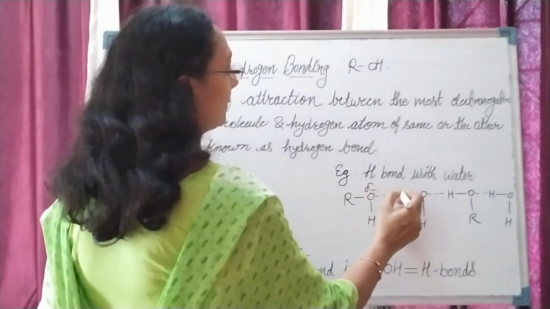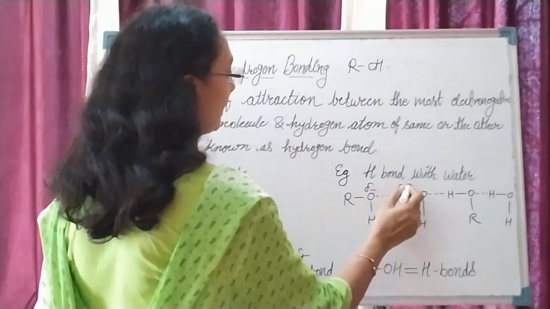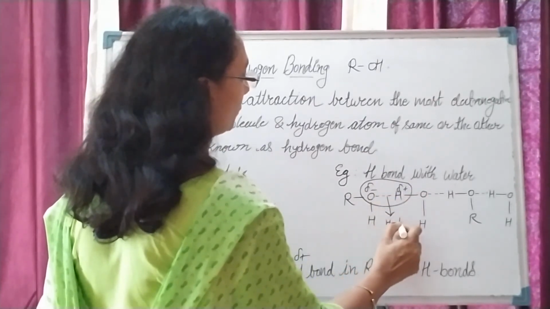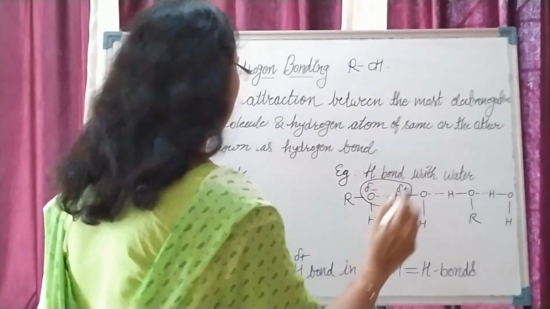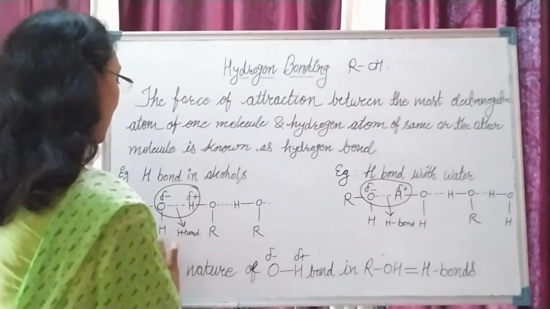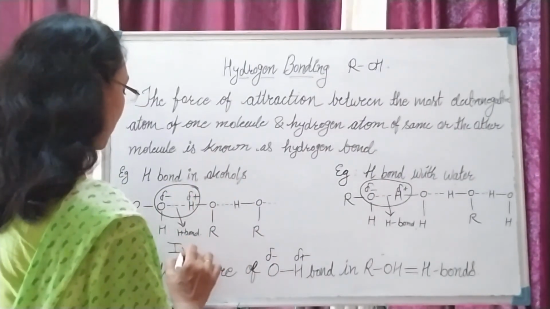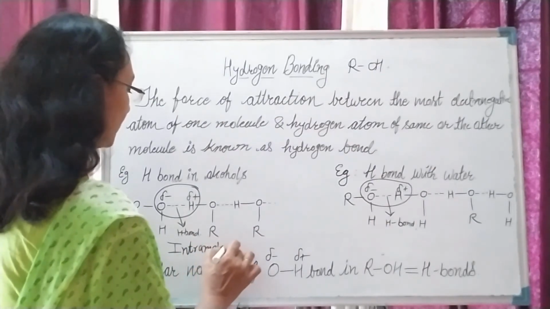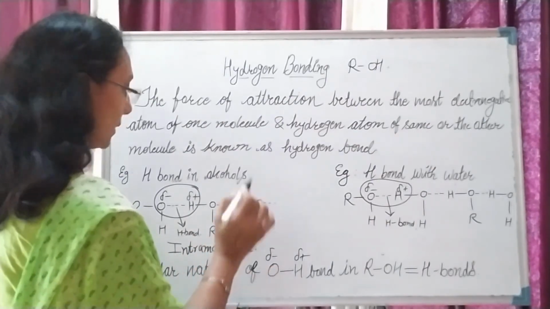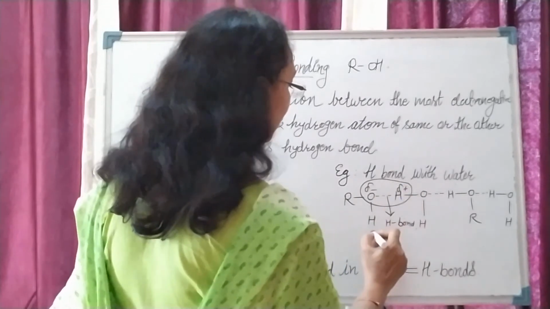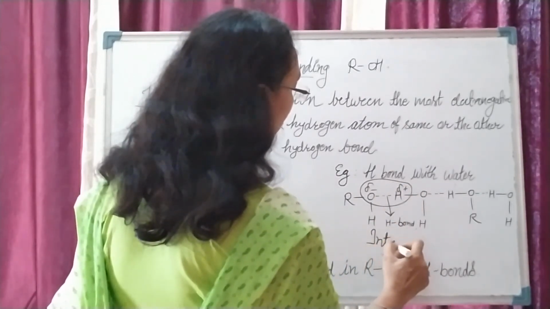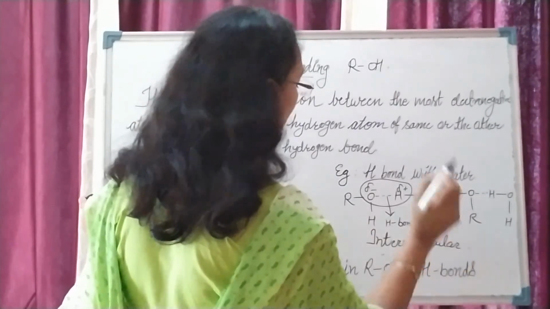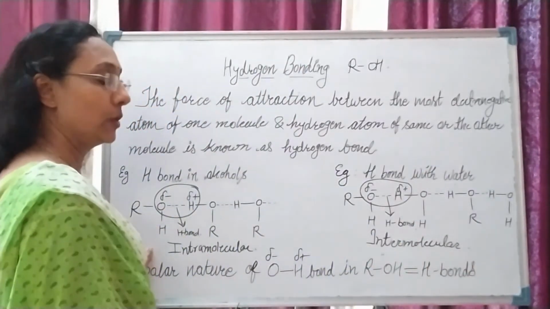That oxygen carrying partial negative charge, hydrogen carrying partial positive charge, this is called the hydrogen bond. This is intermolecular hydrogen bonding, and this is the other type of hydrogen bonding.